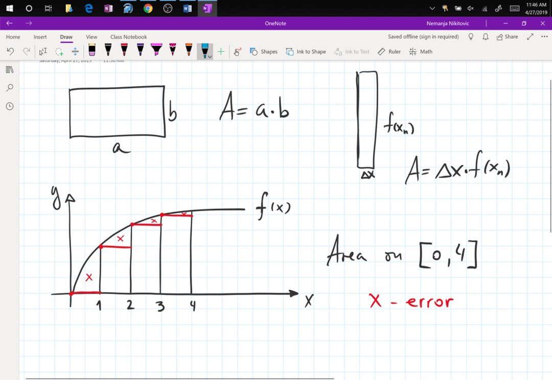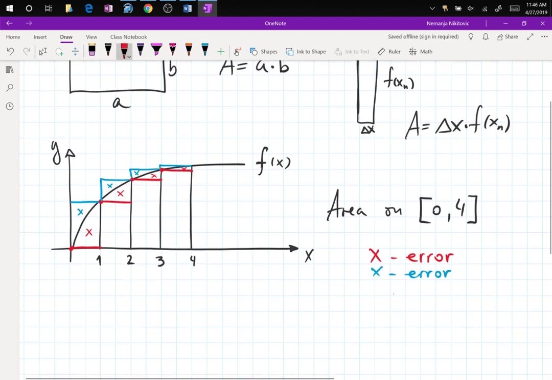Now, the blue one would take rectangles on the other side from the right, and it too would create errors. So no matter which one I use, it's going to be off, right? But one is going to overshoot, one is going to undershoot, and that is going to be like bounds for error in some sense. I mean bound for area.